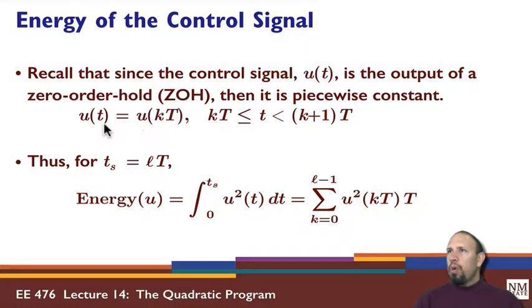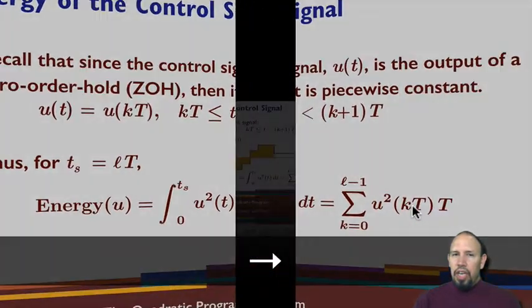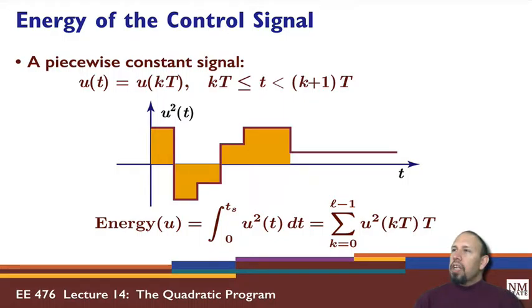Notice that because it's piecewise constant, we can actually sum this up, and the dt just becomes T, that is, the sampling period. So in terms of a signal, we're basically going to look at something like this. This is our transient control signal. Because it's piecewise constant, we just sum up these little rectangles. And notice that when we square it, it all becomes positive.